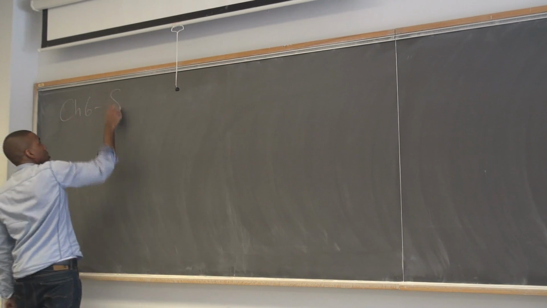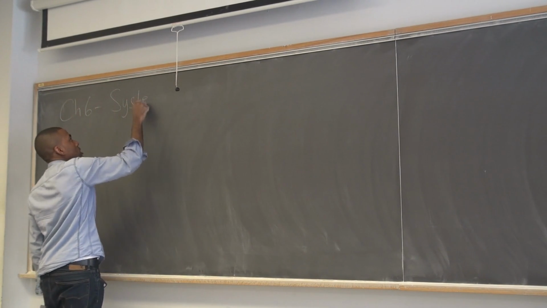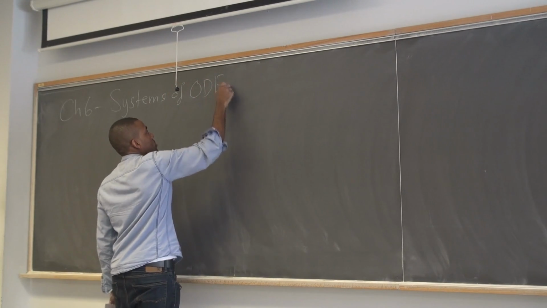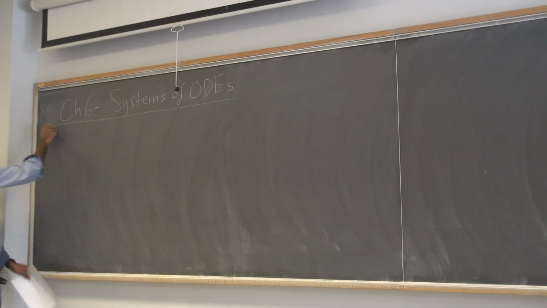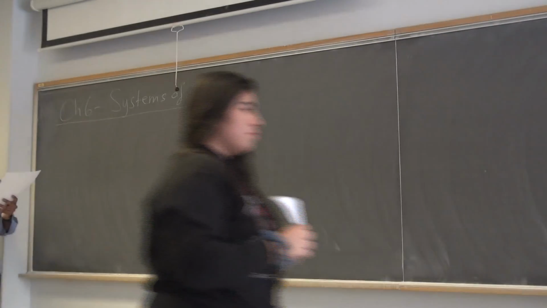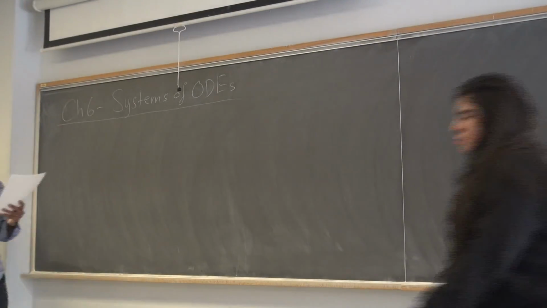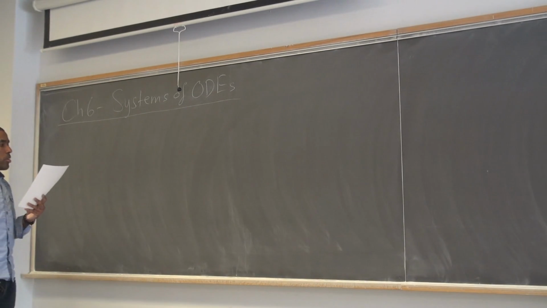Chapter 6. We're dealing with systems of ODEs. In particular, we'll be dealing with systems that look sort of logistic, but that will come later. For now, I want to make sure you can actually solve systems of equations.